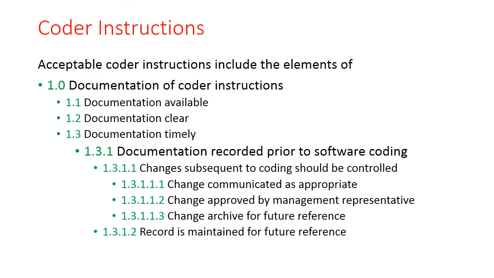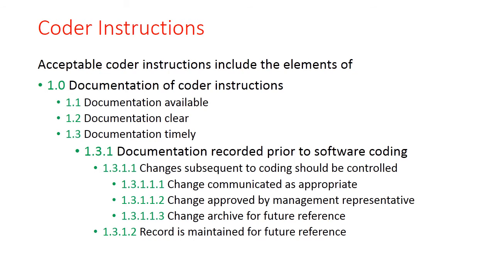Coder instruction. Now what kind of instructions are we supposed to give to the person who is going to do the coding of software? Again, similar points: documentation available, documentation clear and timely available, documentation recorded prior to software coding, so changes subsequent to coding should be controlled.